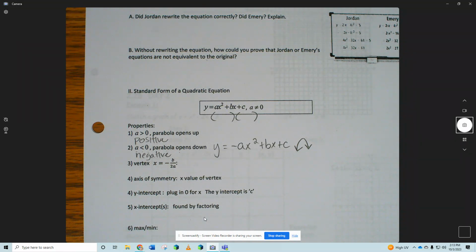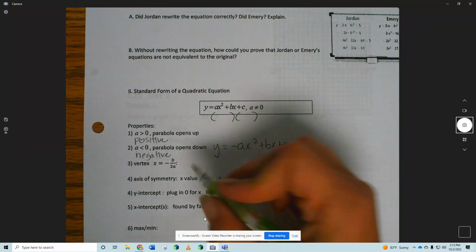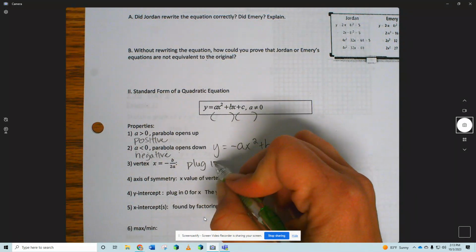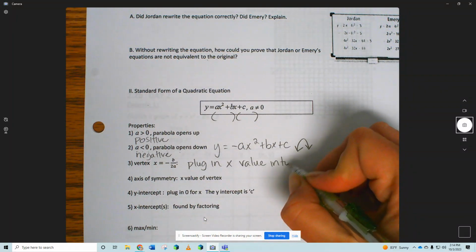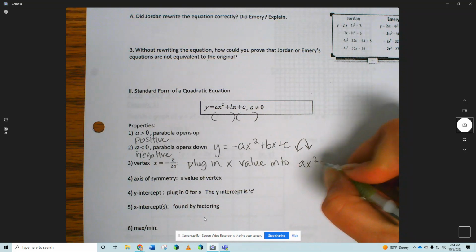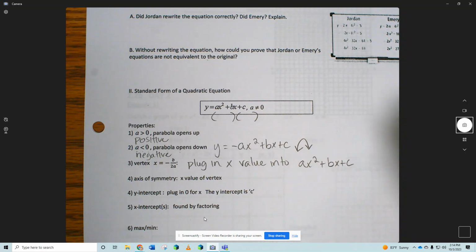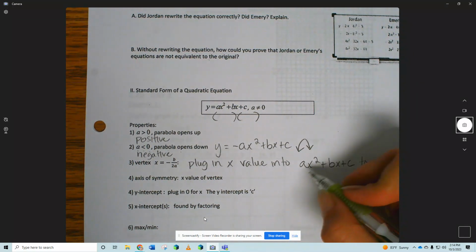So once I find my x number, I plug in, I'll write it on the paper actually. Plug in your x value into your equation, ax squared plus bx plus c, to find y.